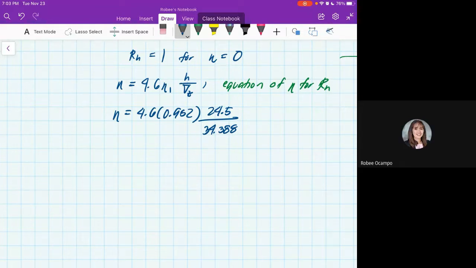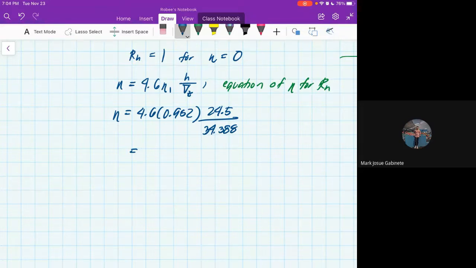So, what is the value of our nu? That's 4.6 times 0.952 times 24.5 over 34.388. 0.982 po ba yun, ma'am?